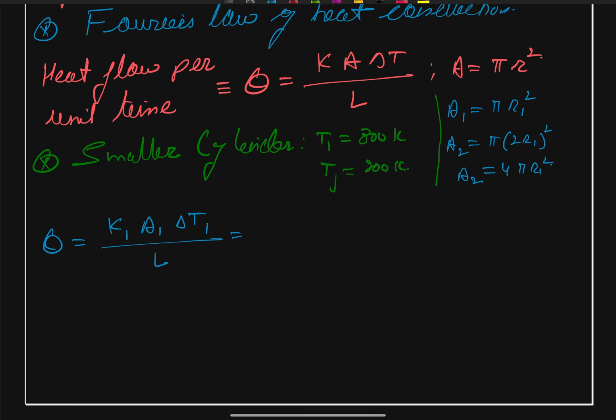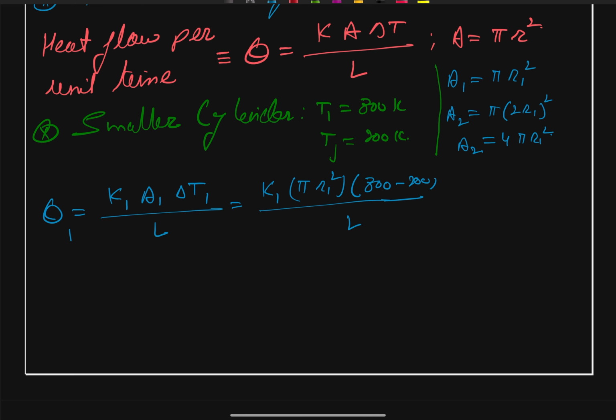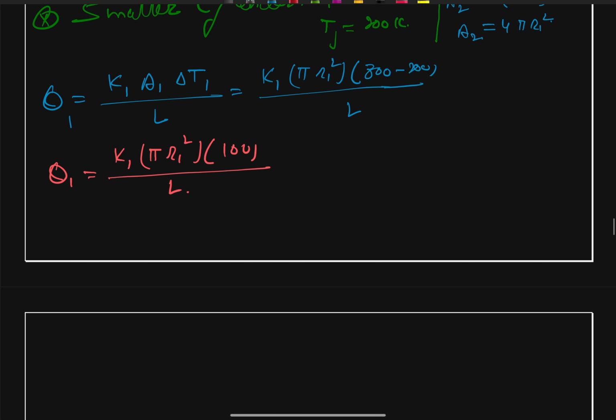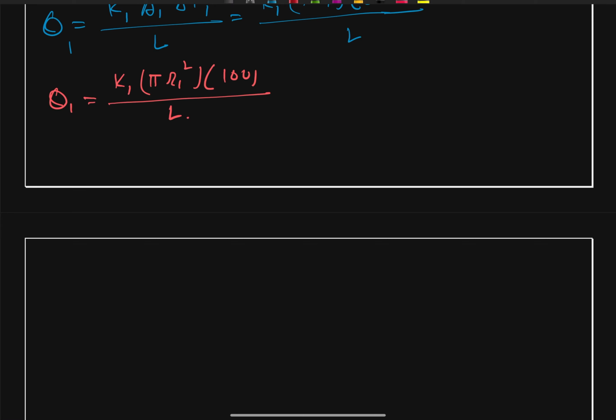So we get Q1 equal to K1 pi r1 square times 100 divided by L. And now we come to our larger cylinder.